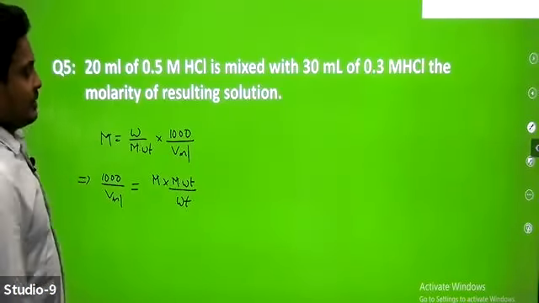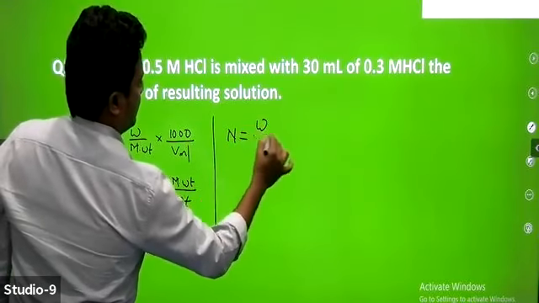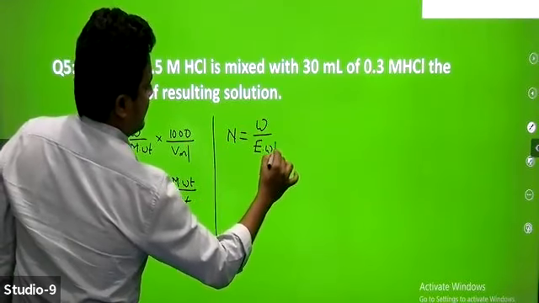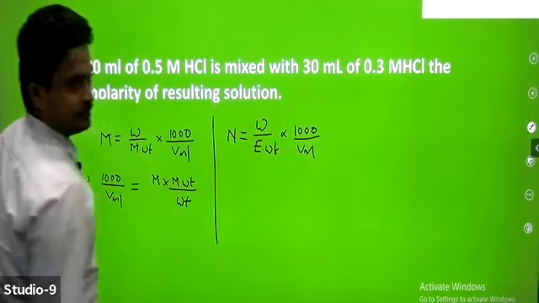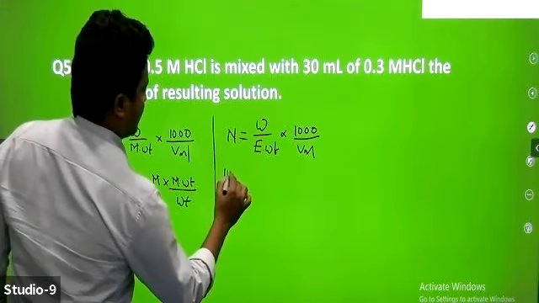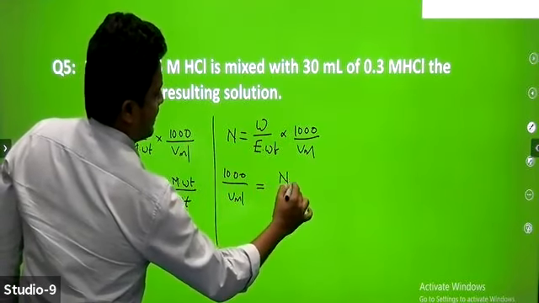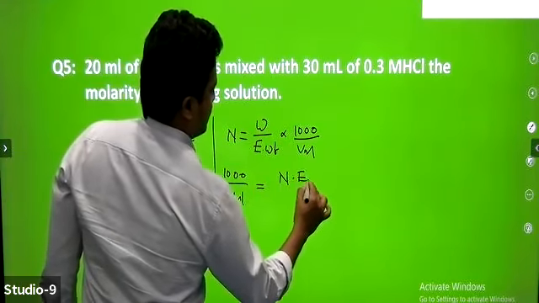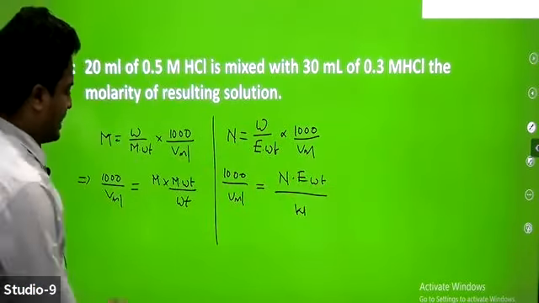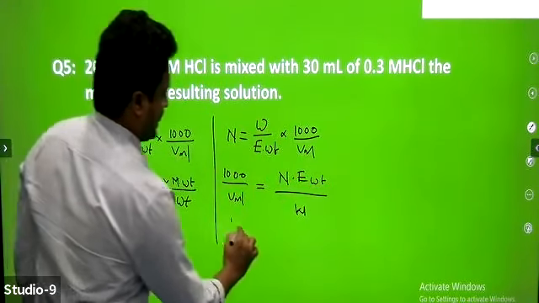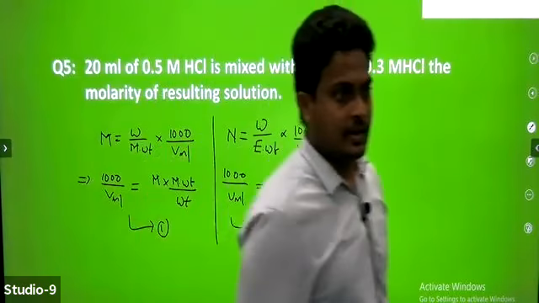What about normality? Normality equals weight by equivalent weight into 1000 by volume in milliliters. Now 1000 by volume in milliliters becomes normality into equivalent weight by weight. Call this equation 1 and this equation 2.